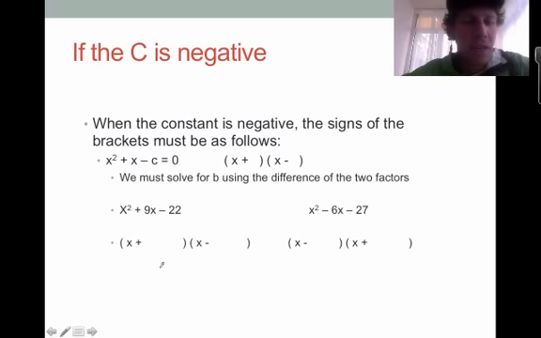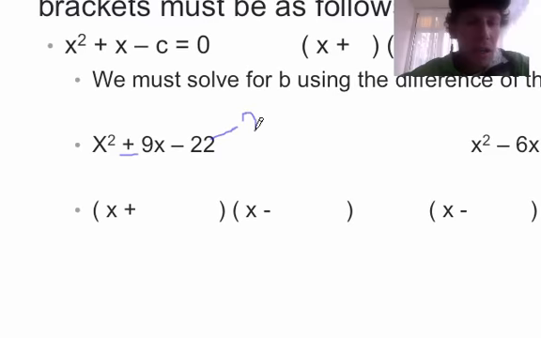And then what I forgot to include in here is the larger number is always going to go in this first bracket with whatever the sign of b is. I'll explain in a minute. So here, factors of 22 are of course 22 times 1, 11 times 2, and what we want is two numbers that multiply to -22 and subtract, their difference is going to be +9.